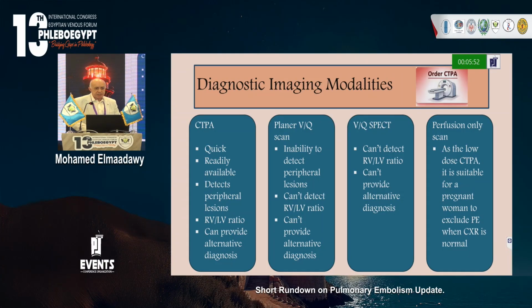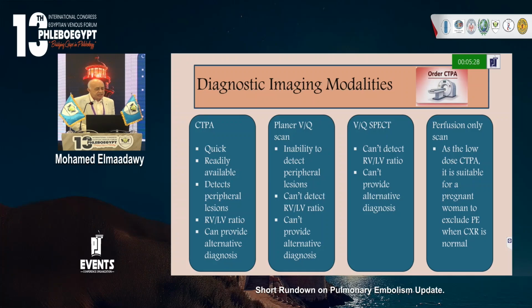CTPA has become the gold standard because of the availability, because it is quick, but the most important because it can delineate the peripheral lesions, and it also gives an idea about the right ventricular and left ventricular ratio, and also it can provide alternative diagnosis in case pulmonary embolism has been ruled out.